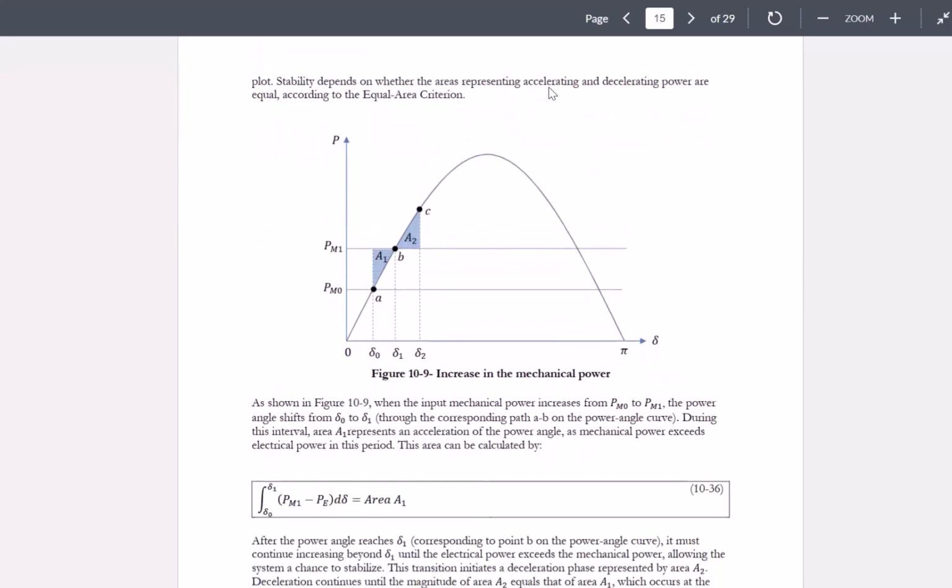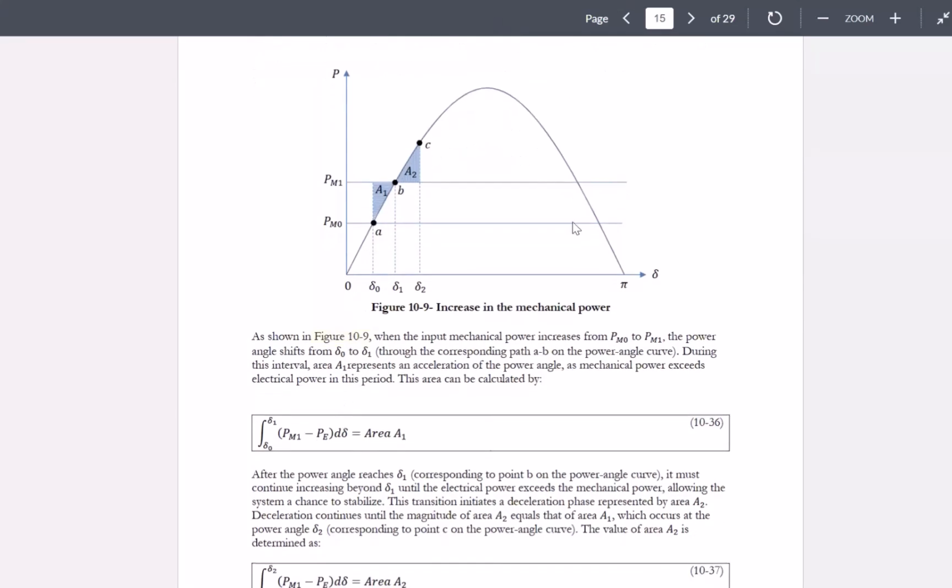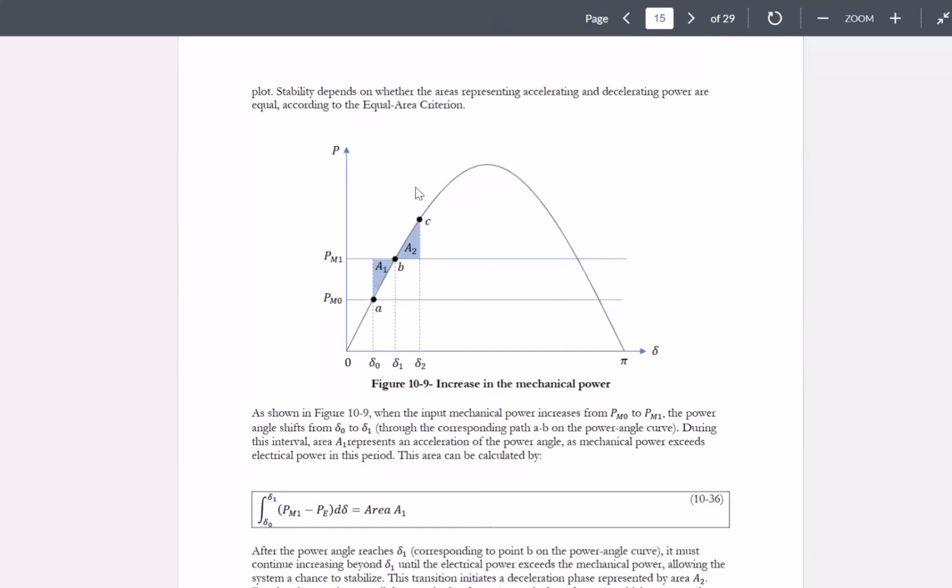We saw that based off of this P versus delta curve. In this P versus delta curve, you have the PE curve, which is represented as this half sinusoid. And then you have the PM0 line, which represents the mechanical power pre-disturbance. Now, we're going to go from this PM0 to PM1.